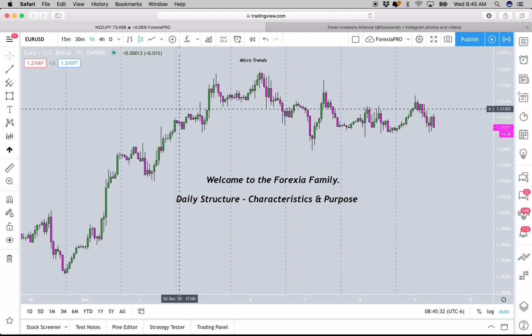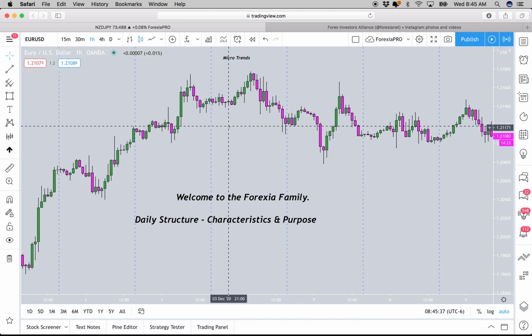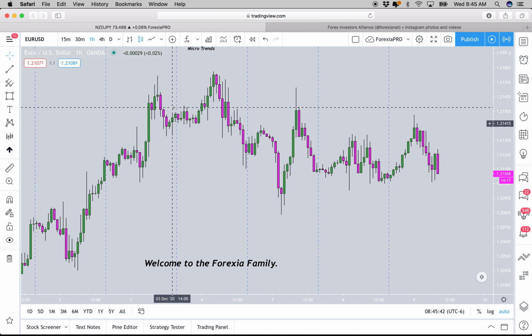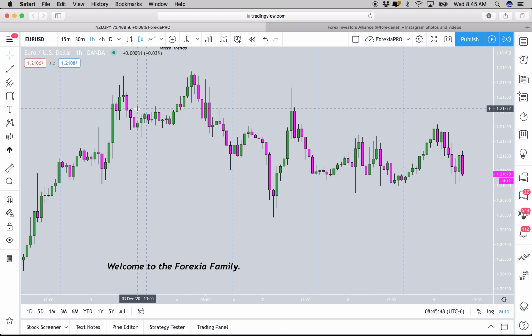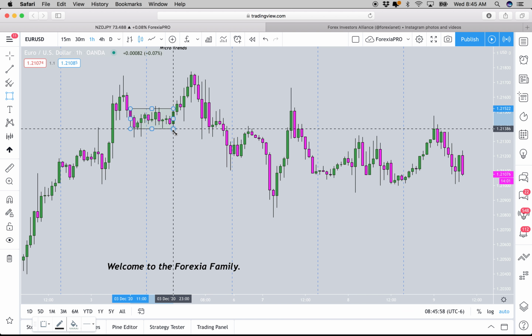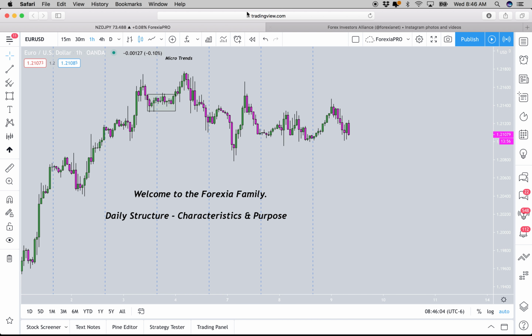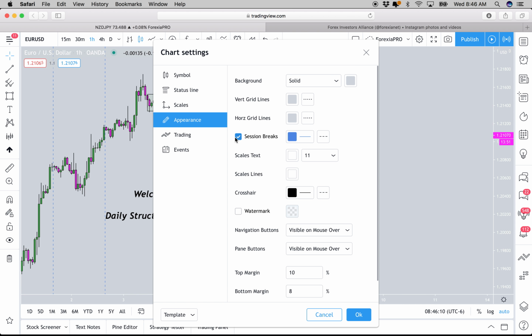So, the daily structure, as we know, has certain specific characteristics to it. Now, to give you an idea, so that you can't say I'm just talking out of my ass, I'm going to show you exactly what I mean by these specific characteristics. So every single day, to help you, let's go into TradingView.com, and then go to Settings, Session Breaks.